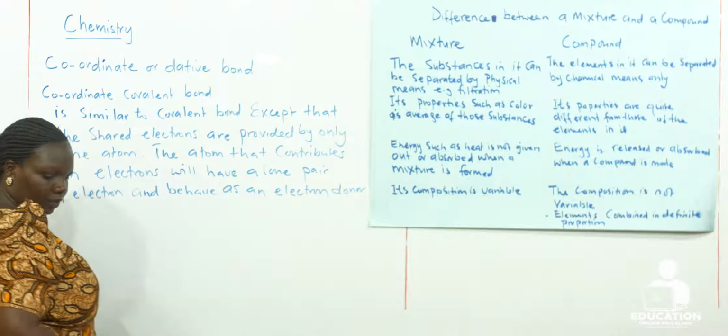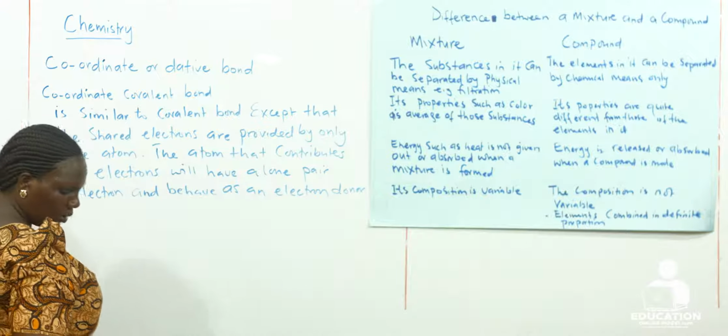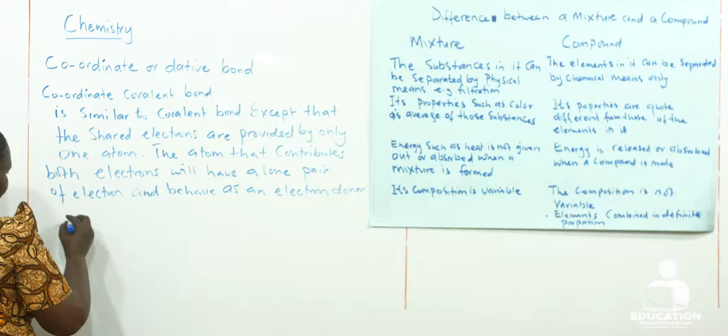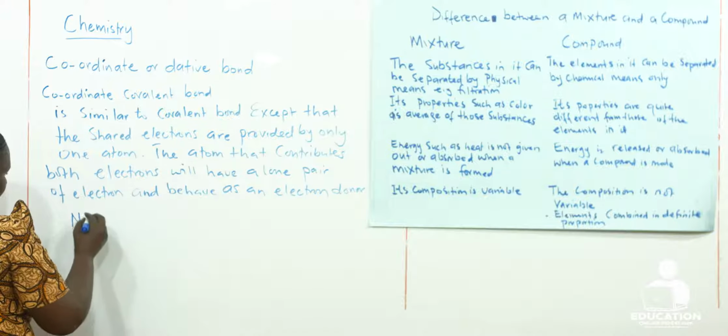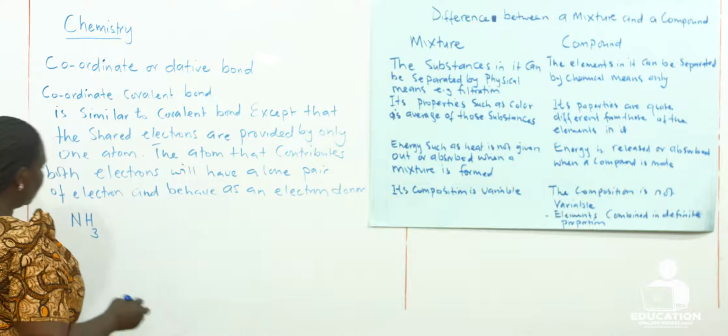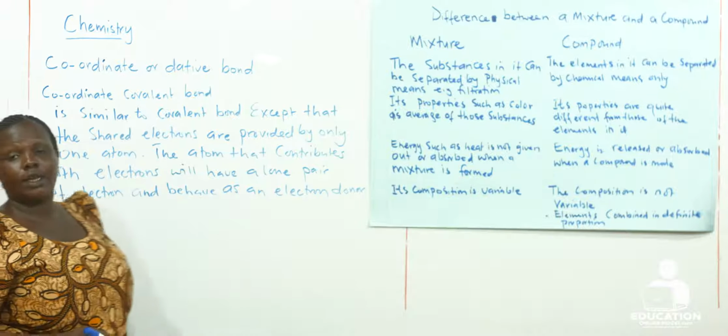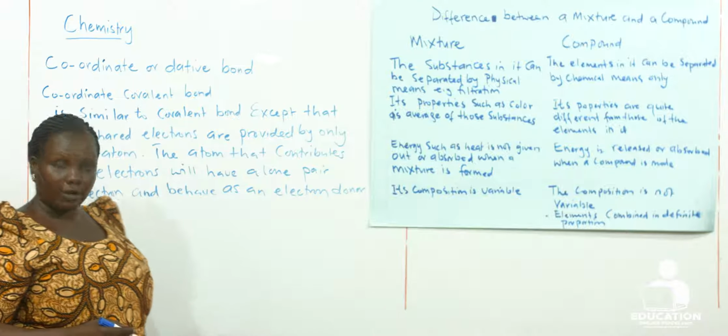So let us see an example. We have ammonia, that is NH3, is made up of one atom of nitrogen and 3 atoms of hydrogen.